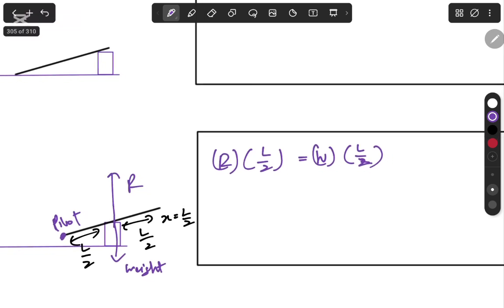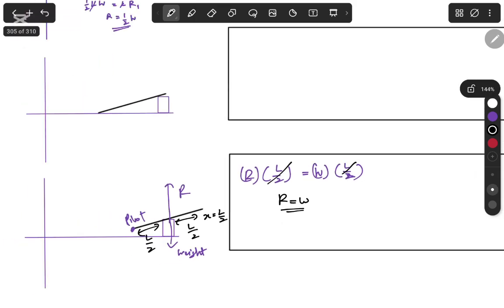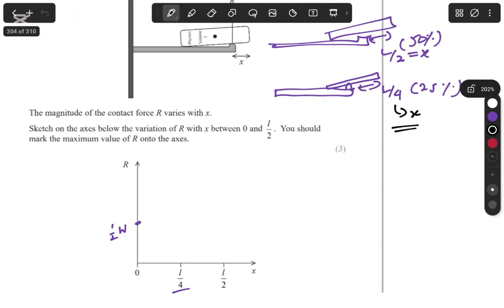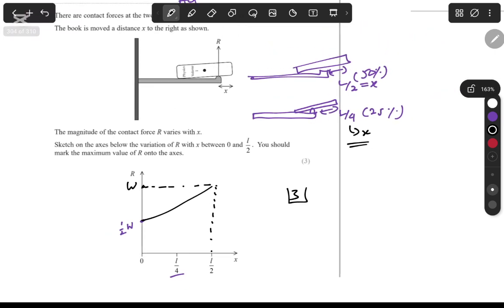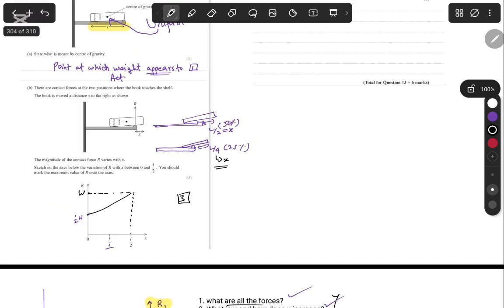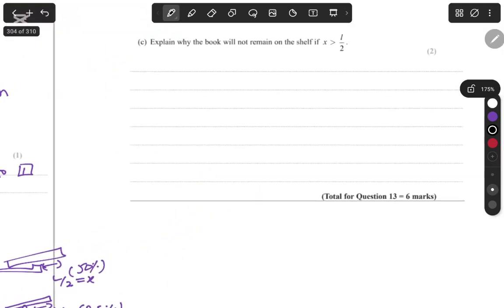I hope that point is clear. And we can see that the L by 2 cancel out. So R becomes equal to W when we're halfway through. And you can just draw a line like this. And that's going to be 3 marks right there. I think that's sufficient. Okay, now next part.